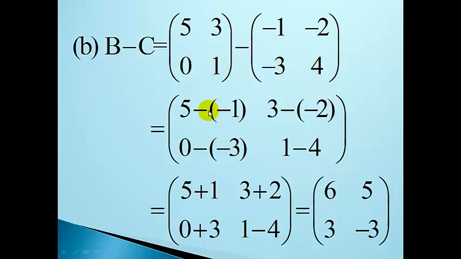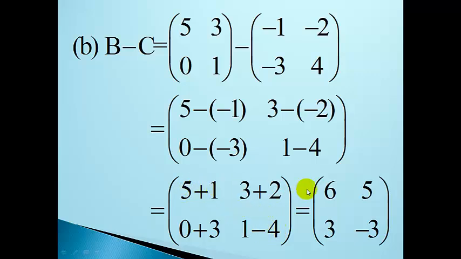Now the constant coefficient of the bracket here is minus 1, so we have minus 1 times minus 1, that will give us plus 1. So we have 5 plus 1. The same thing is happening here, so we have 3 plus 2, we have 0 plus 3, we have 1 minus 4.